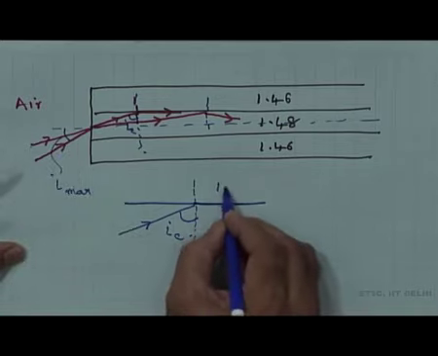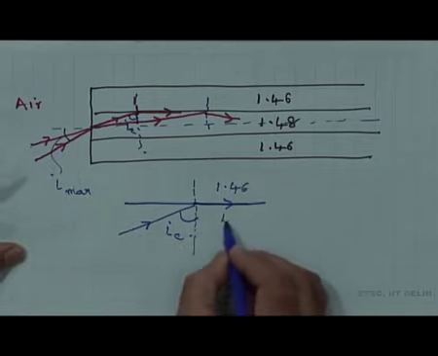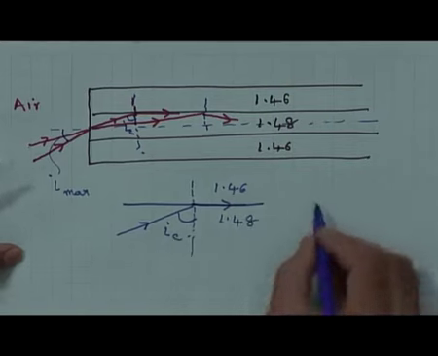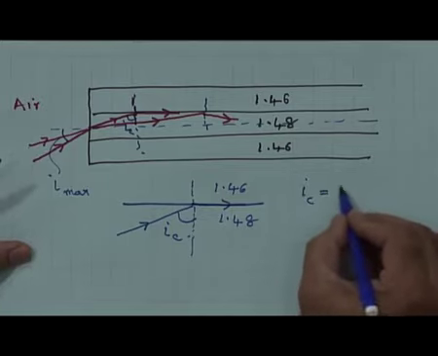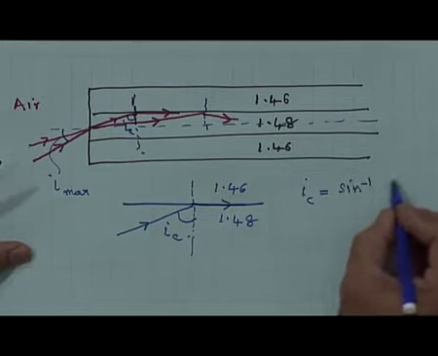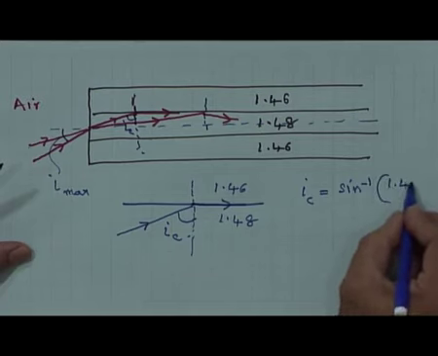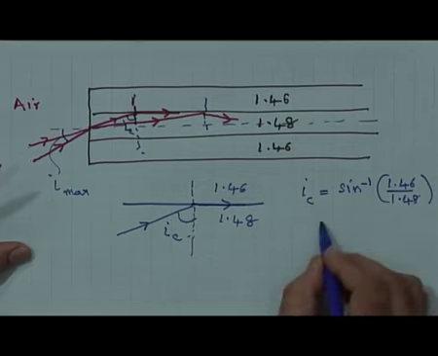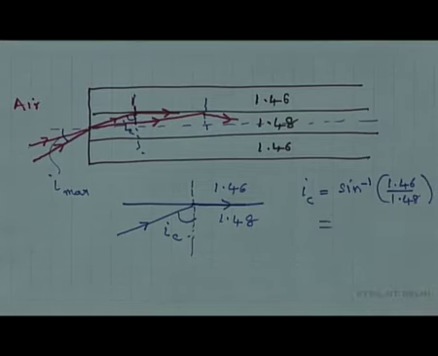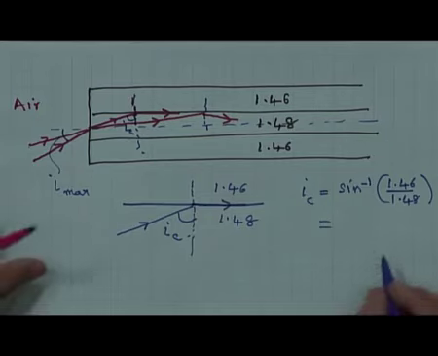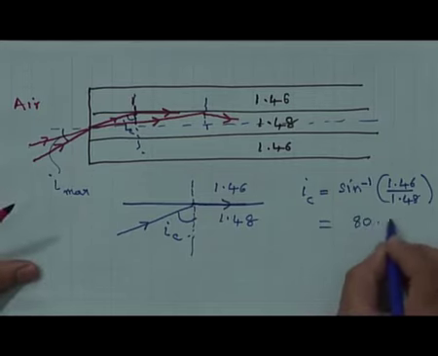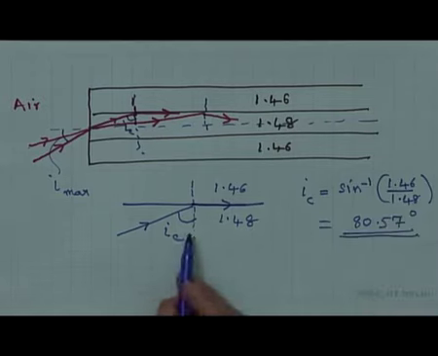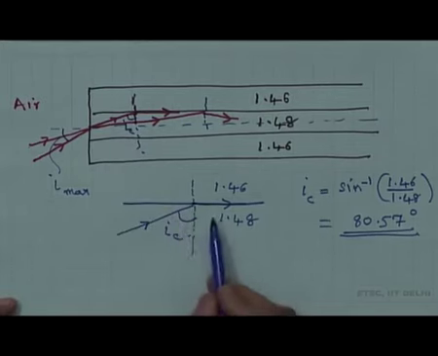So, we know the refractive indices 1.46 and 1.48, and therefore, we can determine what is I C. So, I C is equal to sine inverse of 1.46 by 1.48. So, this will come out to be 80.57 degrees.